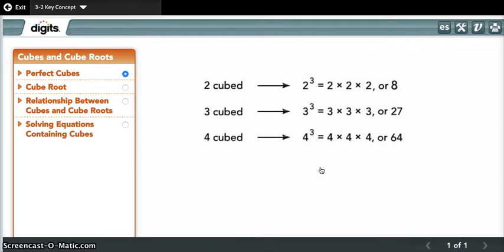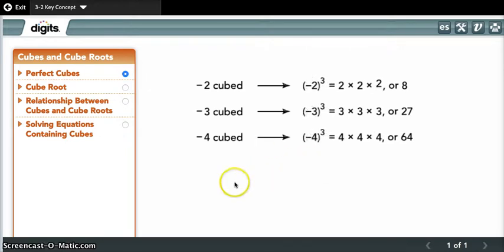The numbers 8, 27, and 64 are all perfect cubes. Unlike perfect squares, perfect cubes may be negative.